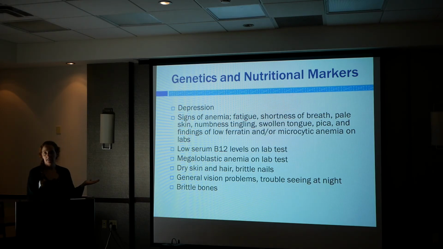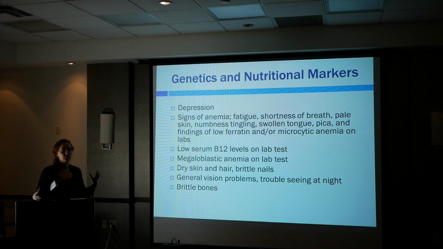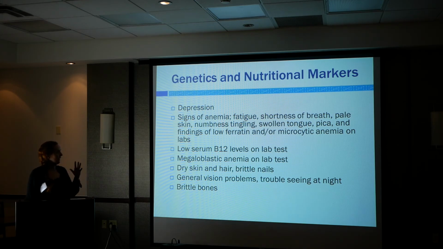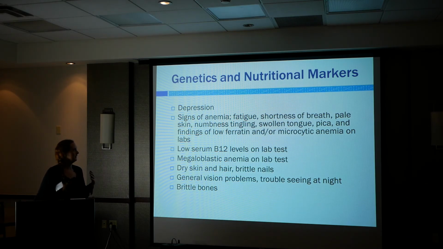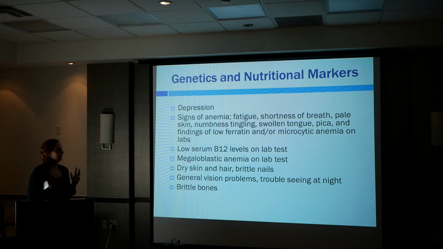Signs of anemia, that's a big one. Your red blood cells, B12 and iron are both needed to make those red blood cells, and there's genetics that have to do with your absorption and utilization of those nutrients. So signs of anemia: fatigue, shortness of breath, pale skin, pale mucous membranes, tingling, swollen tongue, craving of pica. Has anybody ever had a patient with that?